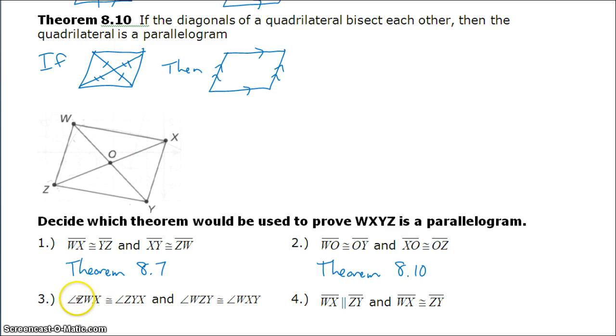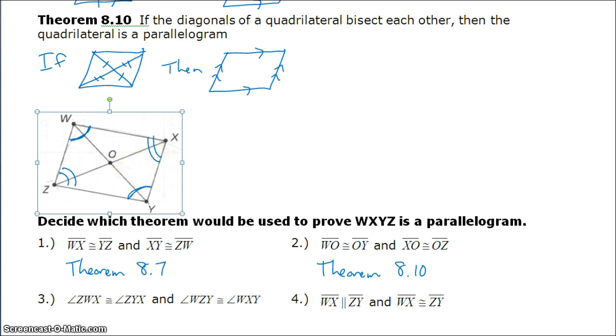Number 3 says angle ZWX, Z to W to X, is this entire angle, is congruent to angle ZYX, that's this entire angle, and angle WZY, W to Z to Y, is this entire angle, is congruent to angle WXY, this entire angle.